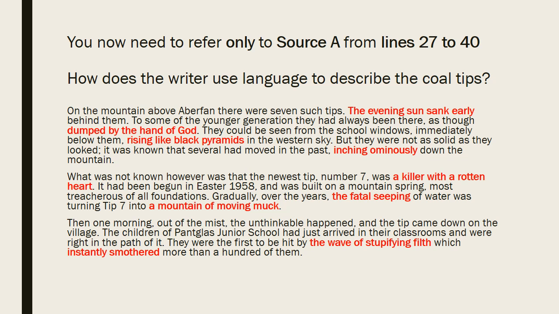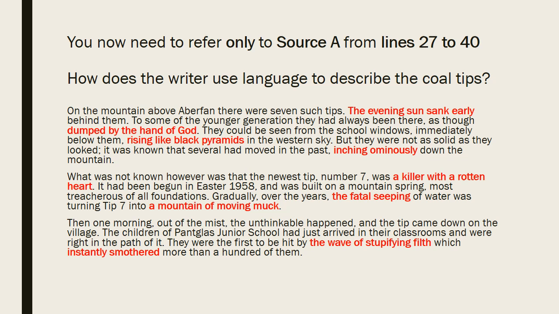Okay, then we've already been told they moved. That's giving us more detail about how they moved. Calling the tip number 7 a killer with a rotten heart is obviously a very expressive phrase. It could just easily have said what was not known, however, was the newest tip, was dangerous. Or it could have just begun with, it had begun in Easter 1958.